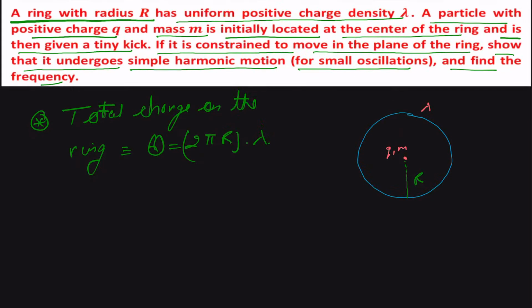So let us consider a small charge distribution on this ring, and let us suppose this small charge distribution is dq, making an angle of d theta at the center.